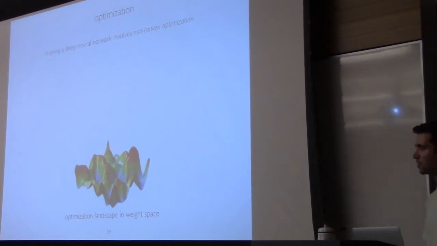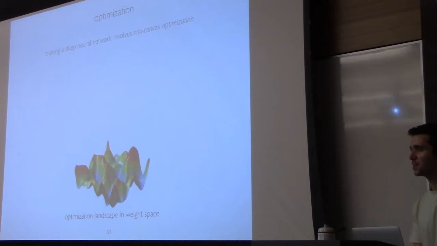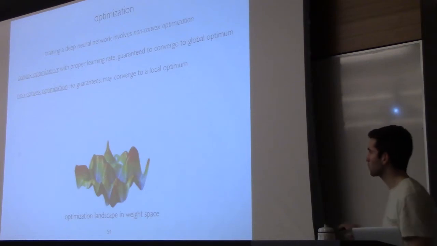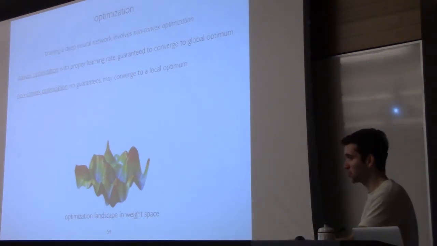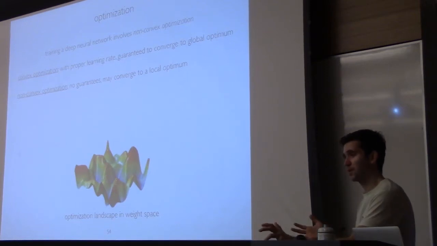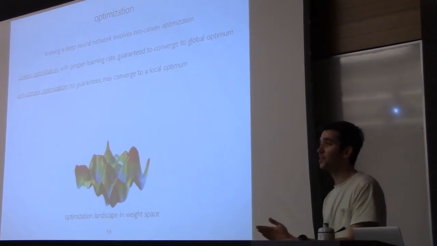One thing, if you haven't really thought about this yet: training a deep network is a non-convex optimization. I don't know if Yusong's gone over this, but basically a convex optimization problem has a unique global minimum, and assuming you have an appropriate learning rate, you can get there.